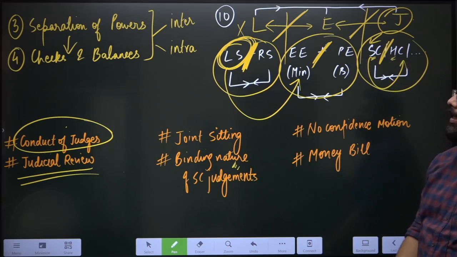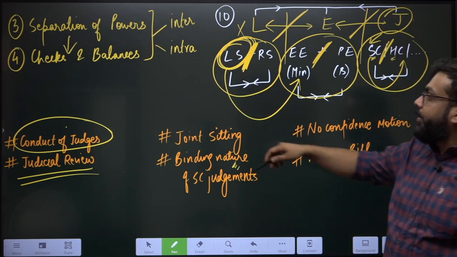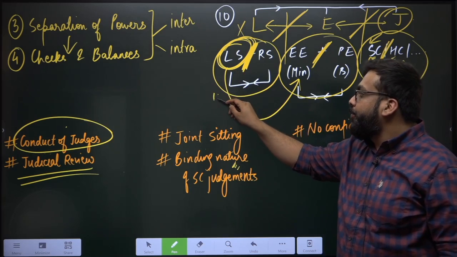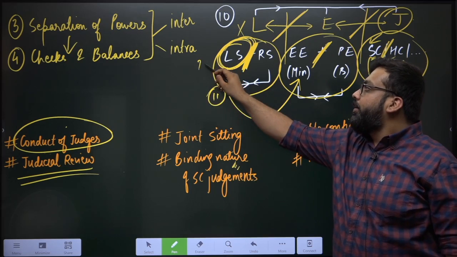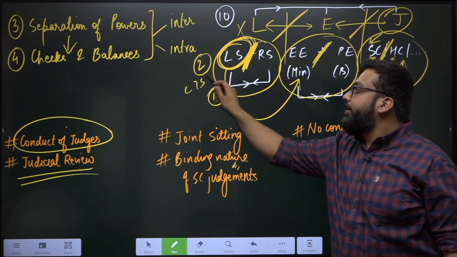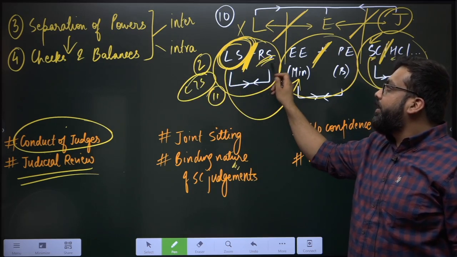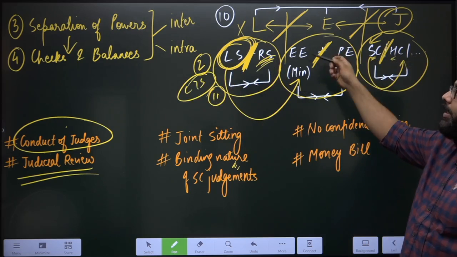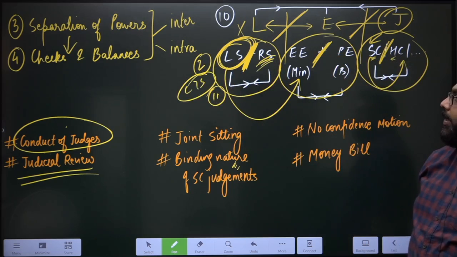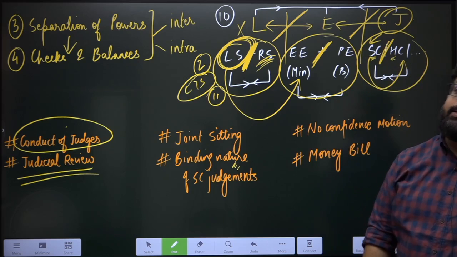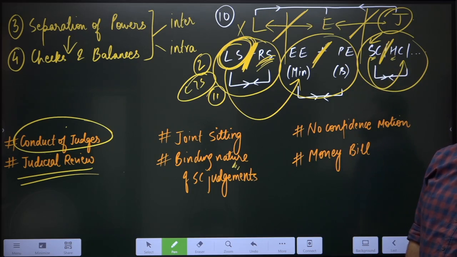Inter checks and balances with rule number 2, because center stronger than the states. We can't give the Rajya Sabha a say in the political stability of the center. That would mean the states have a stronger power than the center.